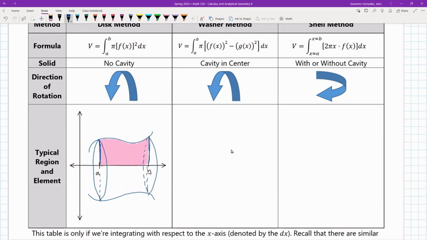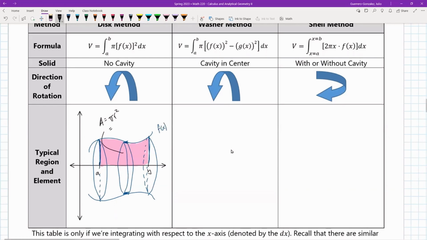The idea was that we were doing it by the disk method. There's going to be a disk in between here, with a little delta x, basically a frisbee in the middle. We were doing it based off this area, if you remember: pi times r squared, and that r was dictated by our function f of x.